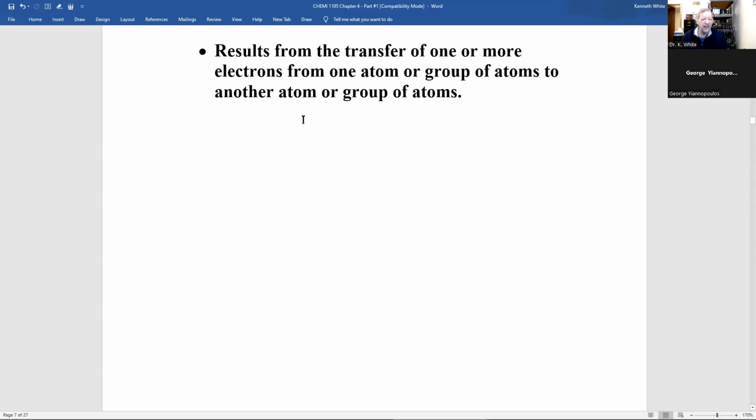And an example of this is sodium chloride.